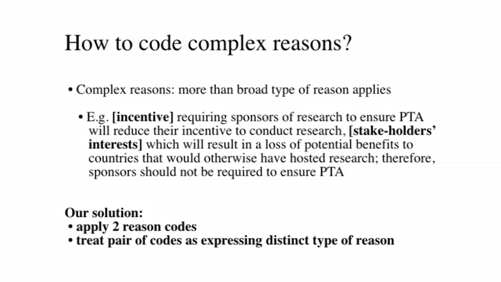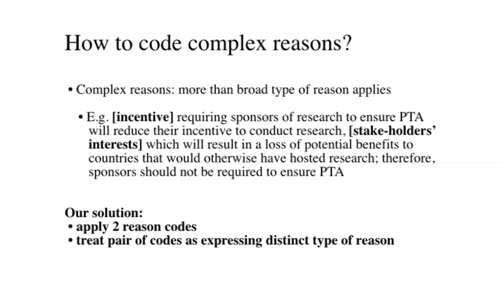Note that even if one applies two broad types of reason to this passage, say incentive and stakeholders' interests, the pair will fail to capture the causal relationship that the author claims obtains between the reduction of the incentive to conduct research and the loss of potential benefits to those who would otherwise have hosted research.